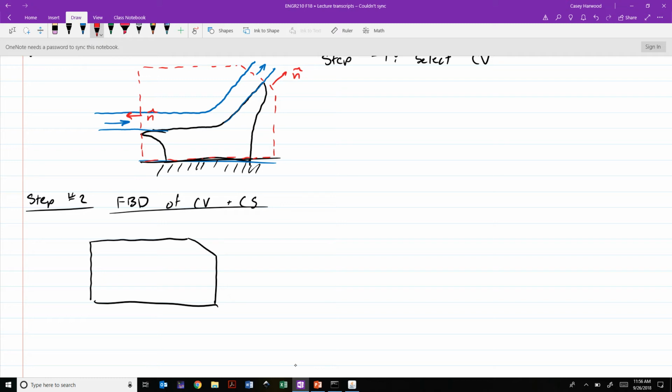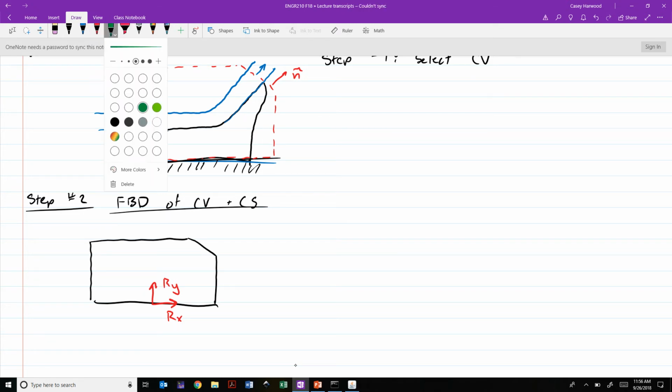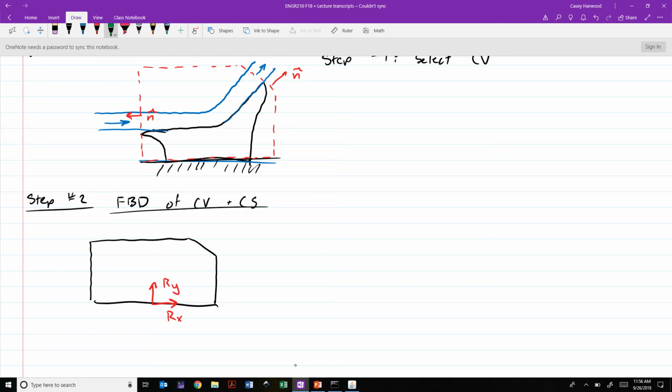Basically, we've got the forces that we're trying to find: the reaction force in the x direction and the reaction force in the y direction that are pushing on the vane. And then we have pressure forces acting on all surfaces.